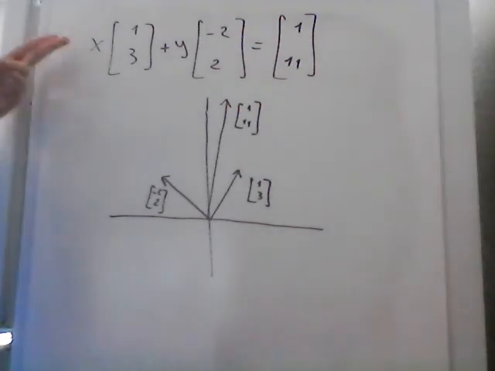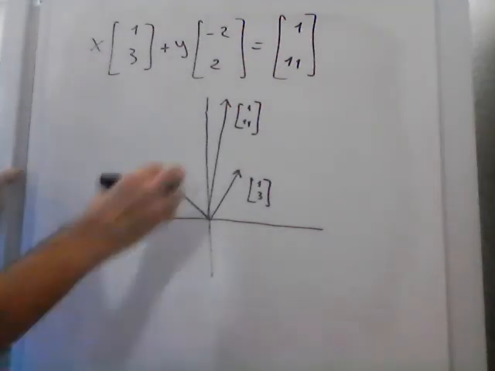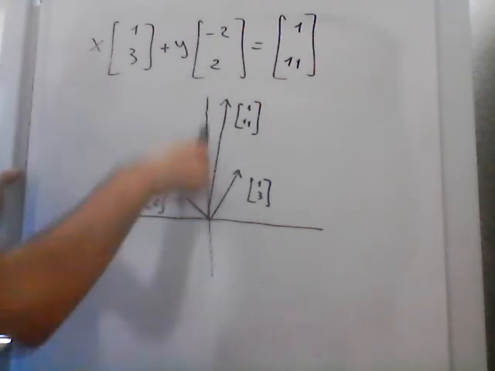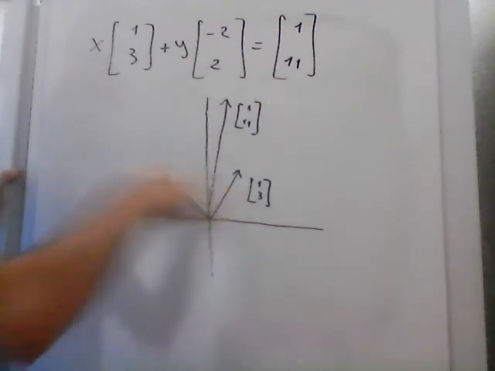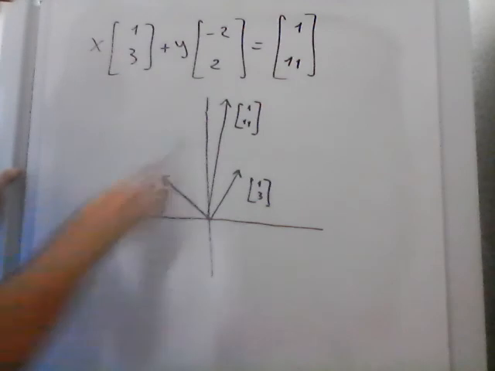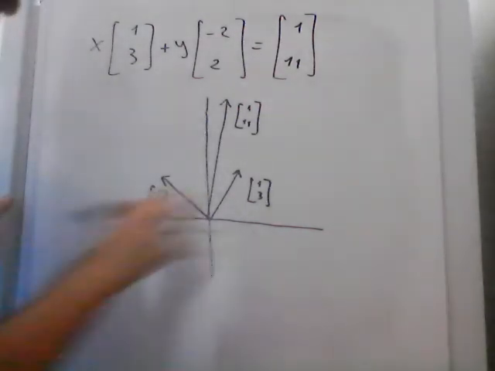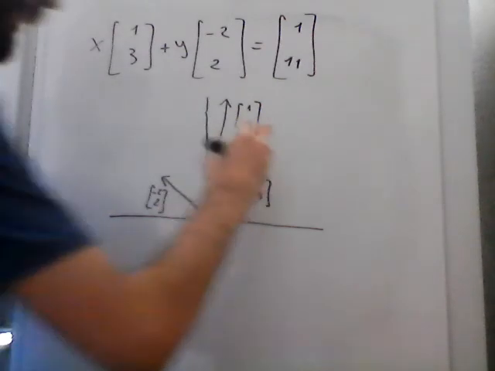And basically, finding x and y means finding the scalars that you have to multiply these two vectors with, such that if you add the rescaled version of these two arrows, you get this vector. So the solution was x equal 3 and y equal 1. So we have to rescale this by 3.